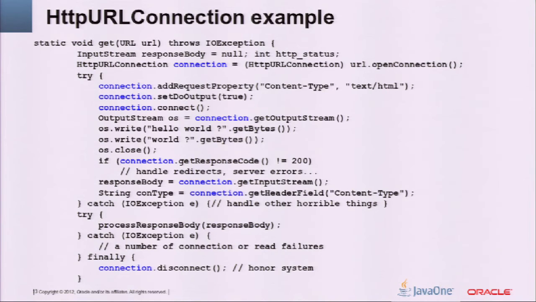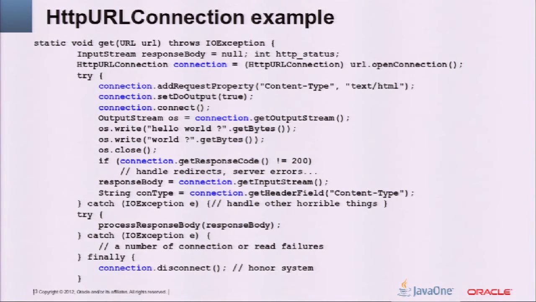Then we look for a response coming back from the server. So this is a blocking call here, getResponseCode, until the server has responded. Then we can read the response with a traditional I/O stream. And we can look at headers and so on in the response object. Now, we've all written code like this.